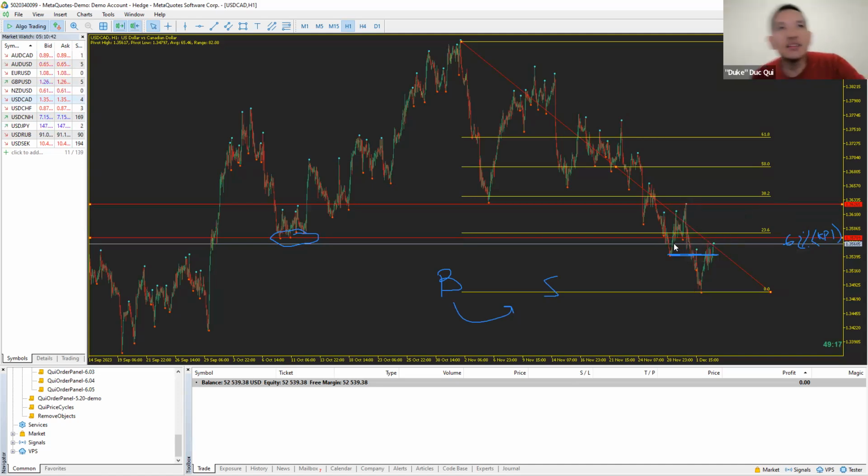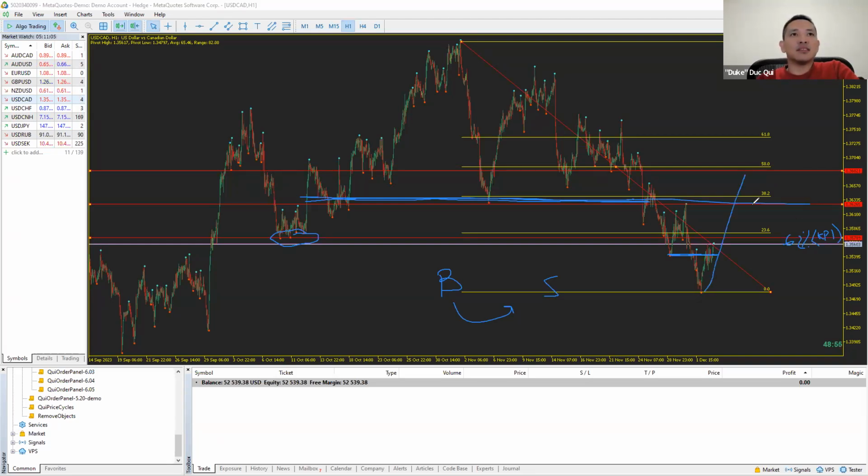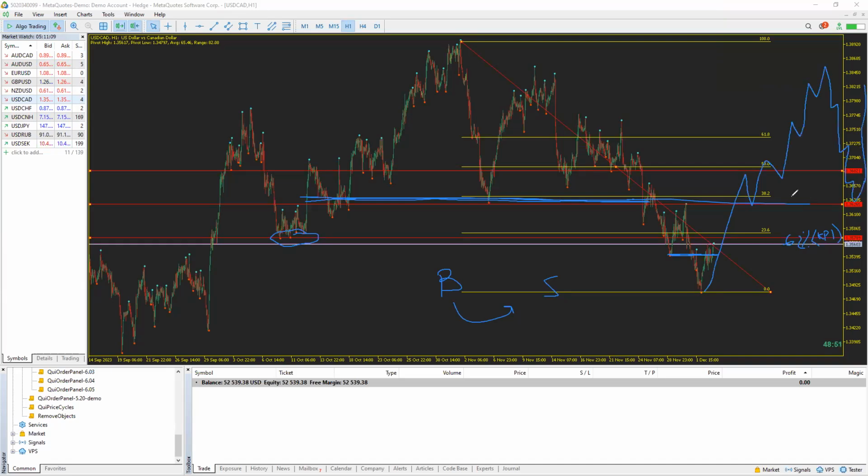And then if the market goes all the way up to here, to 50%, it's probably not going to come back. Because what happened is that it broke out of this range and now it's back in the range. And then it probably won't ever come back to this area.